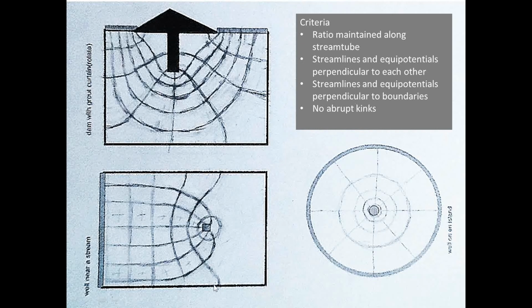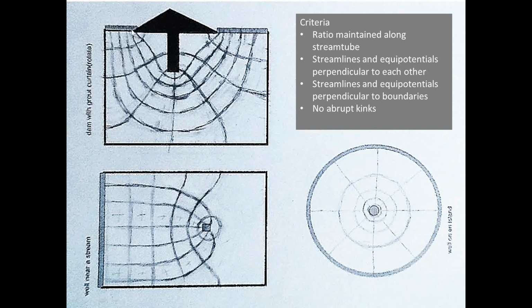We also see that the equipotentials here kind of wrap around, and where they intersect the no flow boundaries, they're perpendicular. All of the streamlines start at a constant head boundary, here, this one that's representing the stream, and they end at a constant head boundary. So that's the case up here.